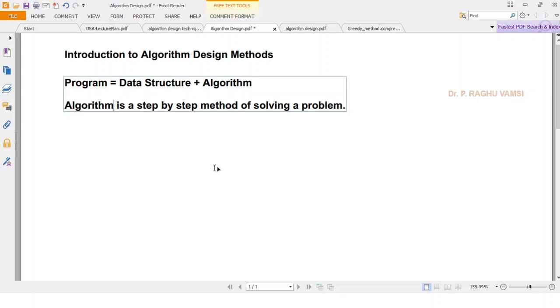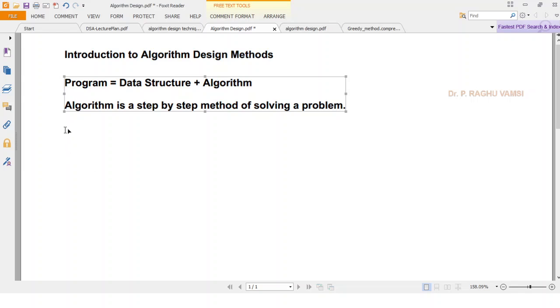But actually, if any problem has been given, how will you solve that particular problem? That is what is called algorithm. So here, algorithm design methods, in the sense of in what way you will solve the problem, come under the algorithm design technique.